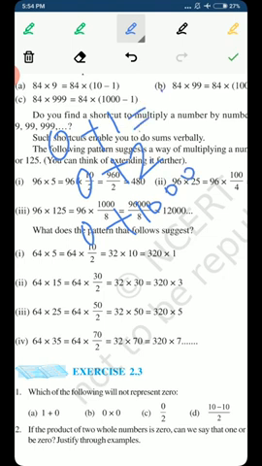The answer is still the same. In whatever number we are adding 0, we will get the same number back, because 0 is the additive identity. So the answer is the number to which we are adding 0.